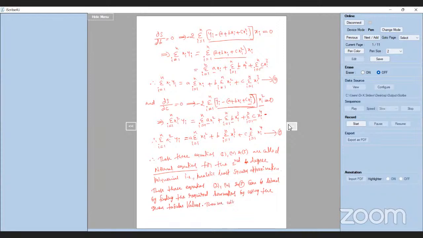Then we will get the values of a, b, and c, and then substitute these values of a, b, and c in y equal to f of x equal to a plus bx plus cx².